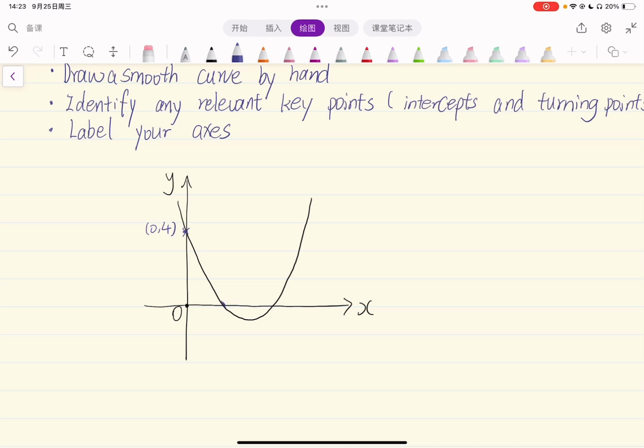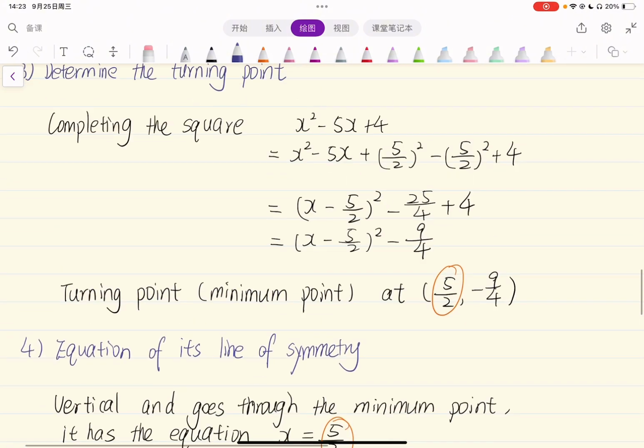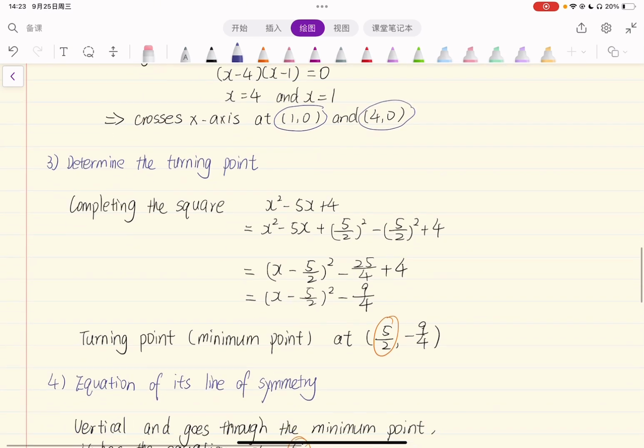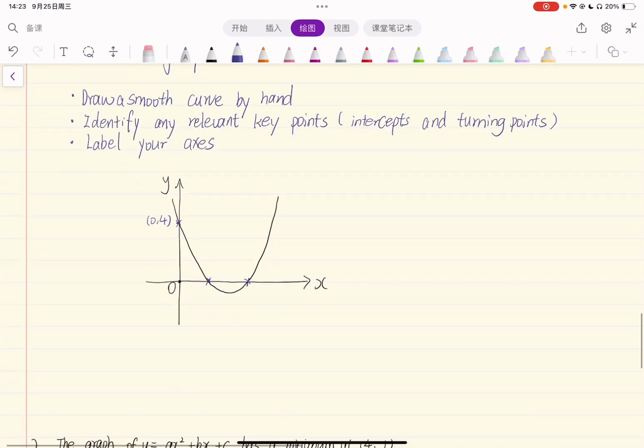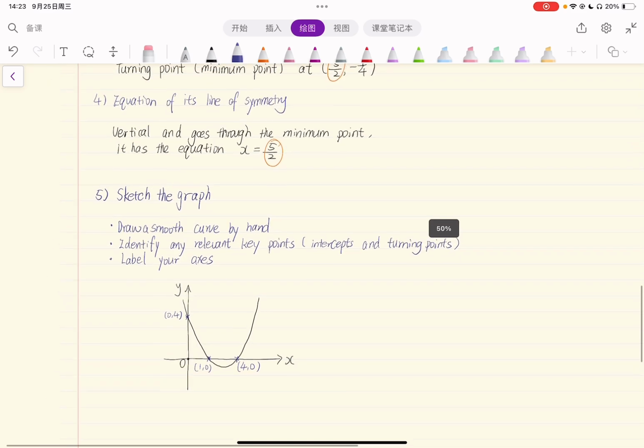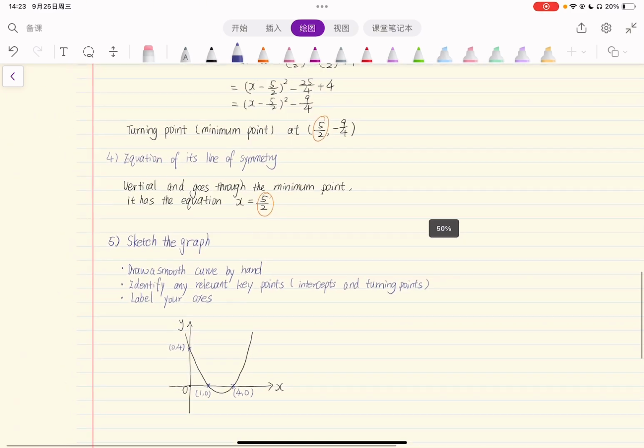And the two points on the x-axis are 1, 0 and 4, 0. Now we need to find the turning point.